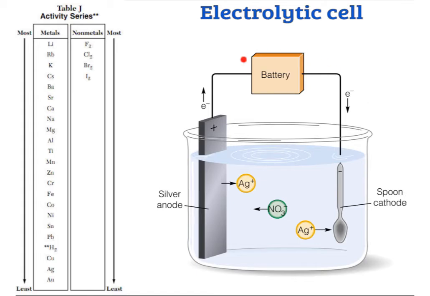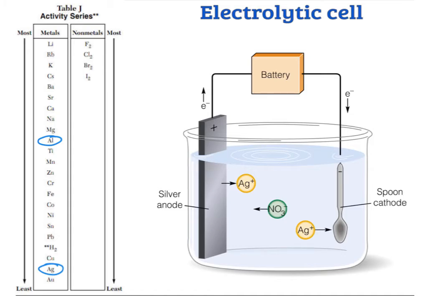There are two electrodes, this aluminum spoon on the right and a silver electrode on the left. If we take the table J, an activity series of metals, we will see that aluminum is more active and silver is less active. So our expectation would be for atoms of aluminum to be oxidized and the silver electrode behaving as a cathode, providing a place for reduction.